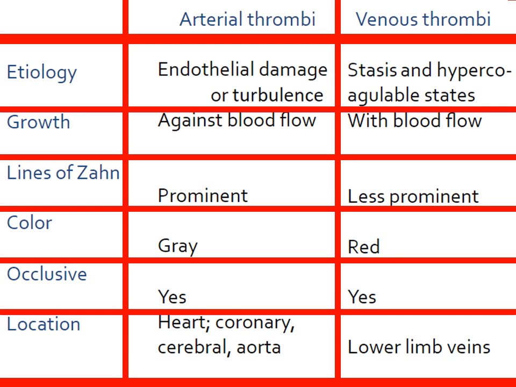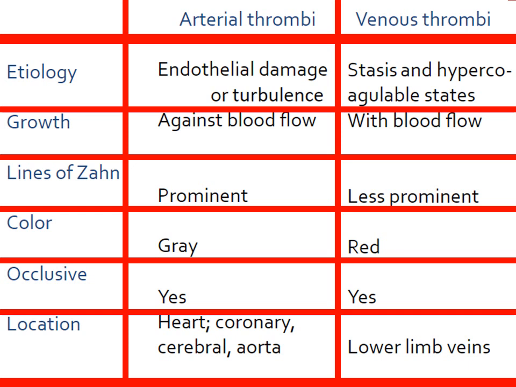The color of the arterial thrombi is somewhat pale, here I have mentioned gray, while venous thrombi are more red in color, and they are also called stasis thrombi. Arterial thrombi are occlusive in nature in not that many cases, but venous thrombi are almost always occlusive.